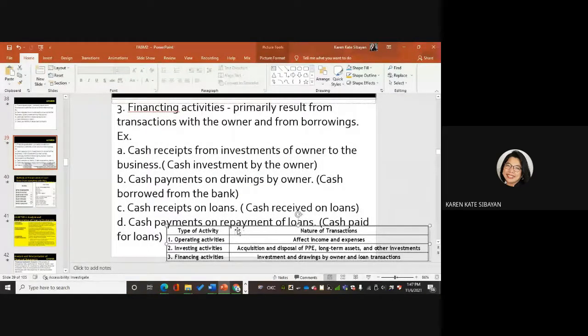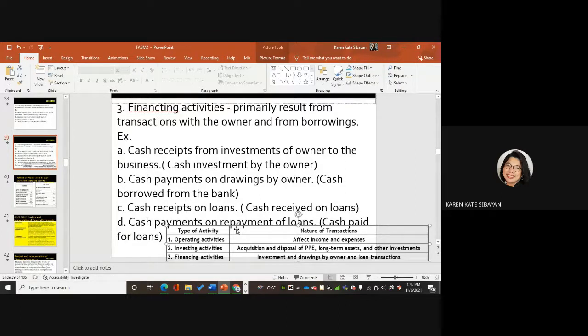Okay? And each category of cash flow activities include both cash receipts, positive amounts, ibig sabihin pumapasok na cash sa business mo, and negative amounts which is indicated by parentheses. And generally, cash inflows or receipts increase the amount of cash balance. Lahat ng inflows, nag-i-increase yung cash mo.